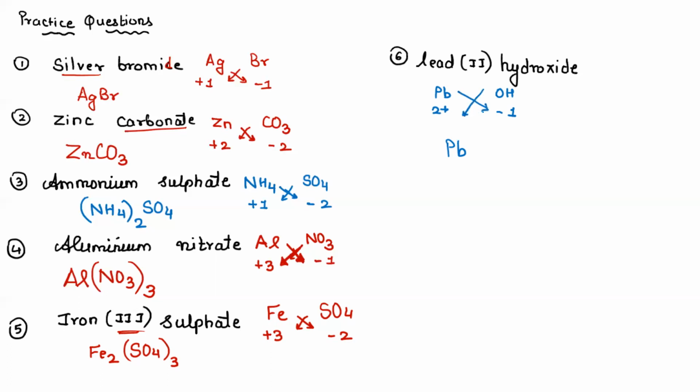We have to always write whatever the word is first. So Pb is first, so we'll write Pb, but after doing crisscross, what is the valency of Pb now? 1. So Pb1, OH bracket 2, but we know that 1 we don't write, so we just write Pb(OH) the whole twice. Okay, Ayush?